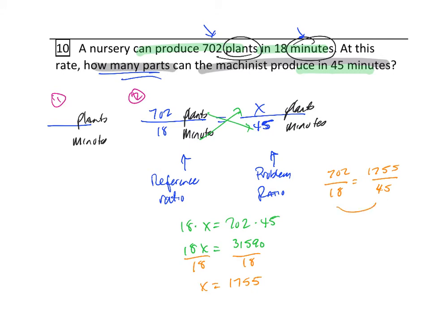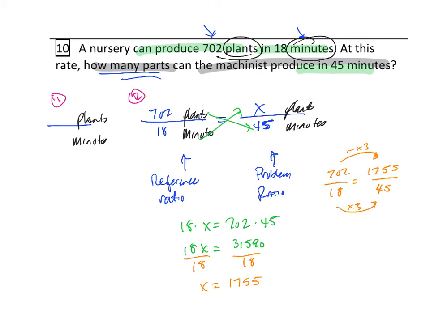Well, if we look, this number is a little bit less than 3 times 18, so 1755, our solution, should be about 3 times 702.